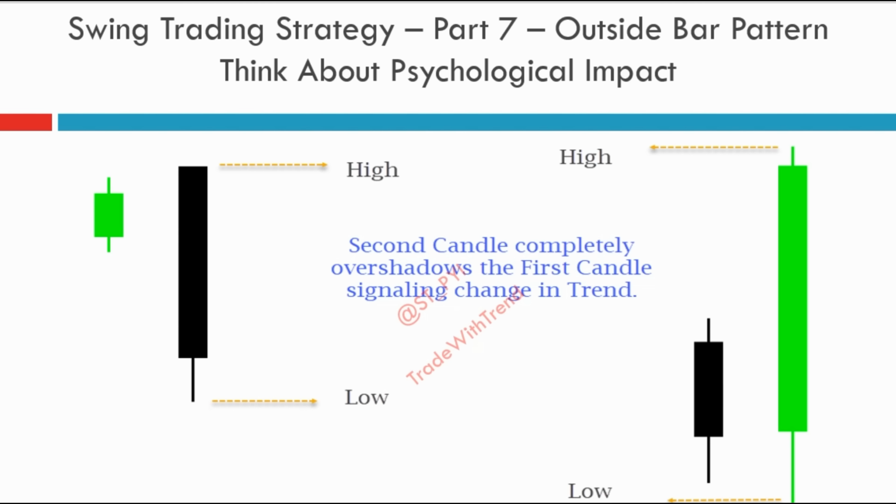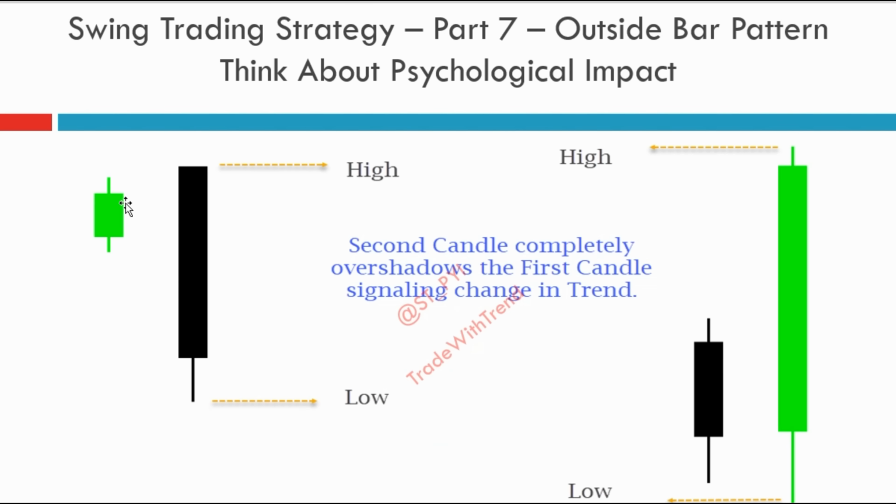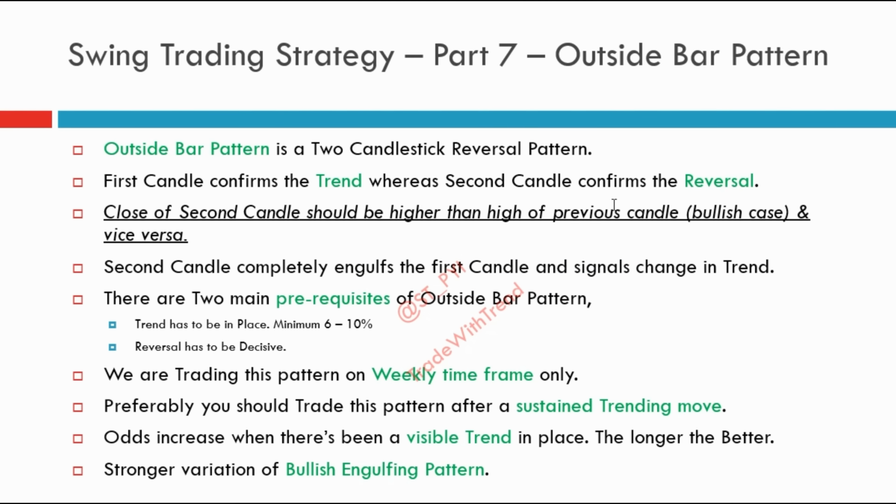Now I'll take you back to the definition slide, just because you've seen the pattern. So outside bar pattern is actually a two candlestick reversal pattern. The first candle usually confirms the trend, that is this candle and this candle, and the second candle actually confirms the reversal. Now, this is one main condition I have put out here, that the close of the second candle should be higher than the high of the previous candle in case you are looking to buy.